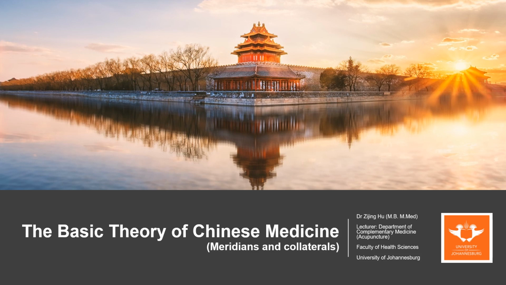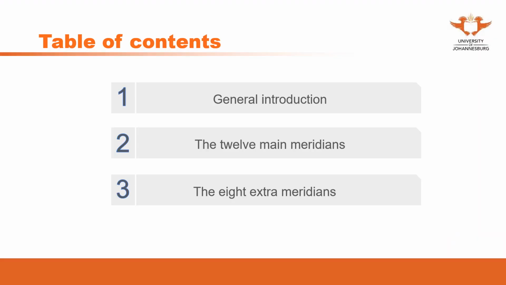That's the three aspects we need to remember from the previous few videos: the names of the meridians, the characters and laws of the distribution, and also the circulation direction, from the lung to the large intestine to the stomach to the spleen. So this is the circle we're going to remember.